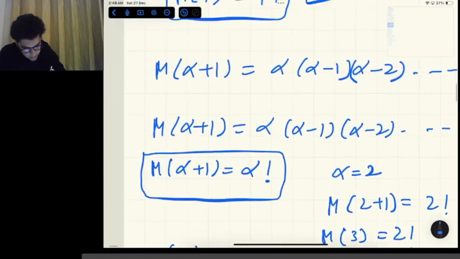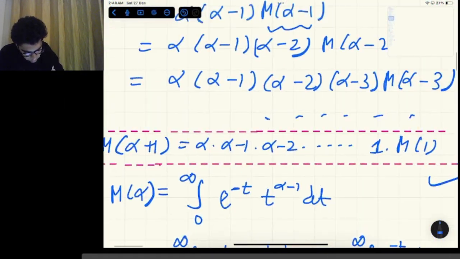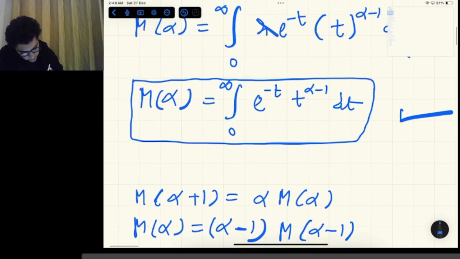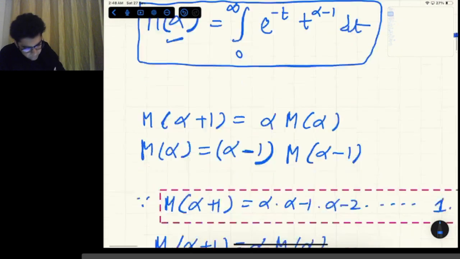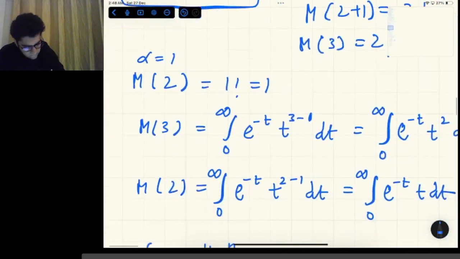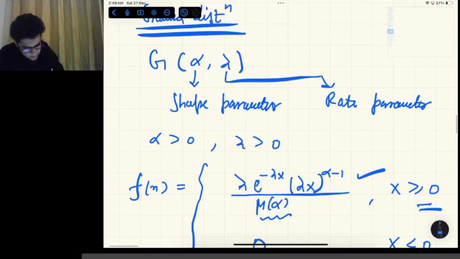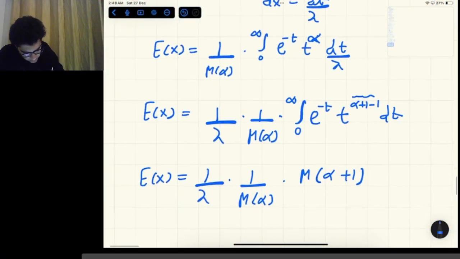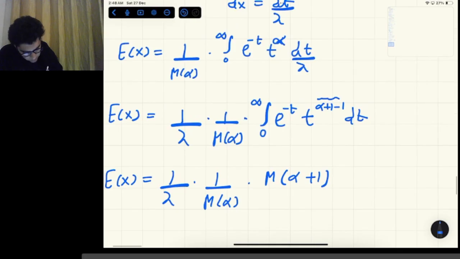Now let me just show you what I did. See here, we write gamma alpha whenever we have alpha minus 1 here, right? So I have alpha plus 1 minus 1 here, right?